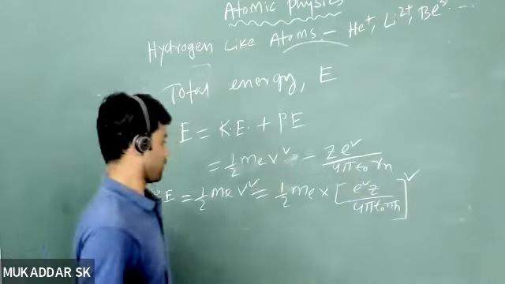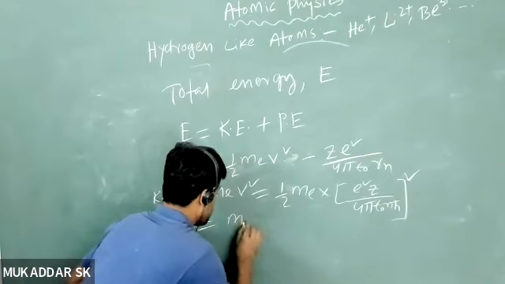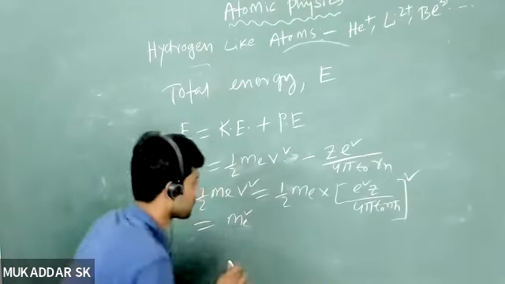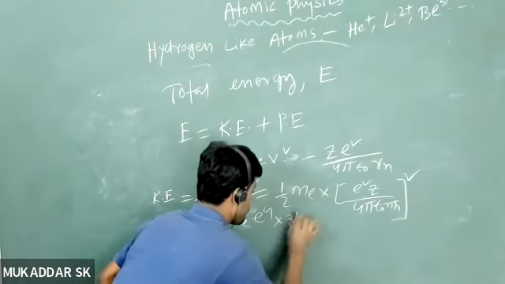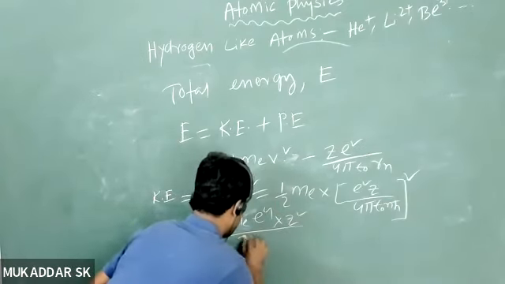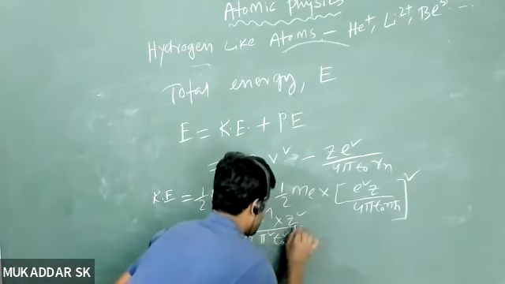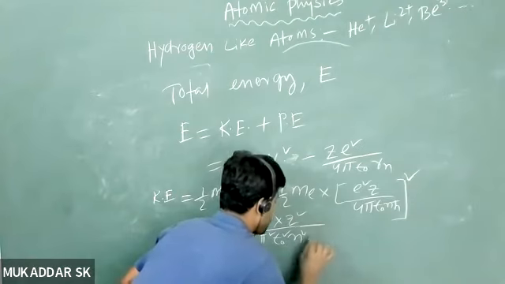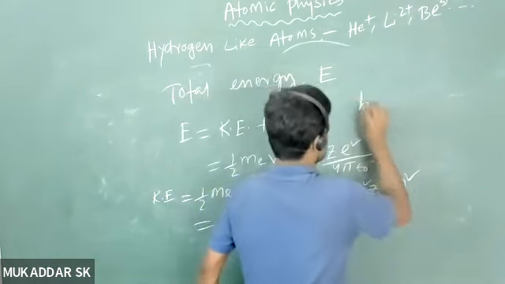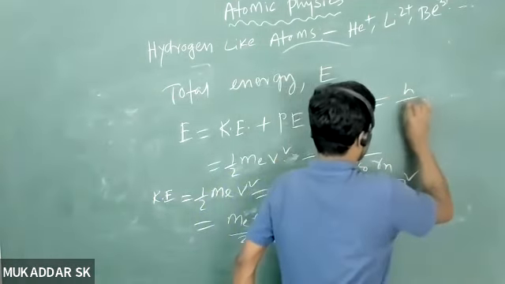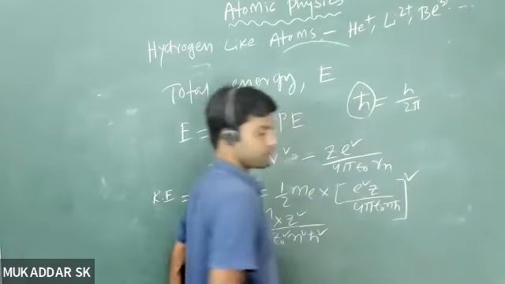Because v square. Now if you calculate it, you will get m e to the power 4 Z square divided by 32 pi square epsilon naught square n square h cut square. H cut means h by 2 pi.